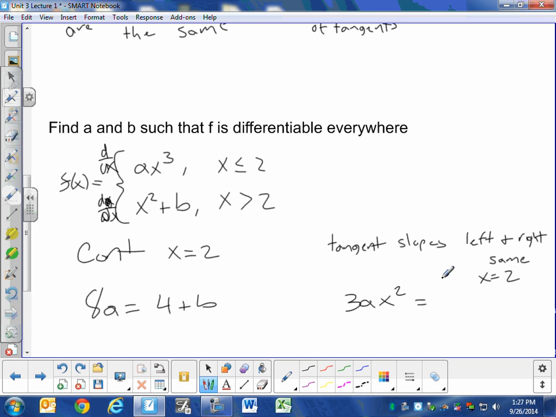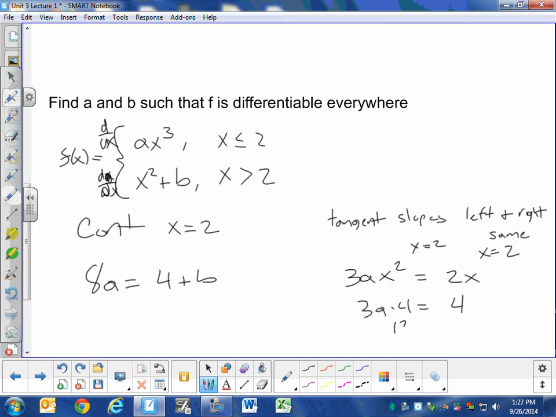The derivative of b is 0. Now this is going to be at x equals 2, so 3a times 4 is equal to 4, or 12a equals 4. a equals 1/3. Once we know what a is, I can plug in to find b.